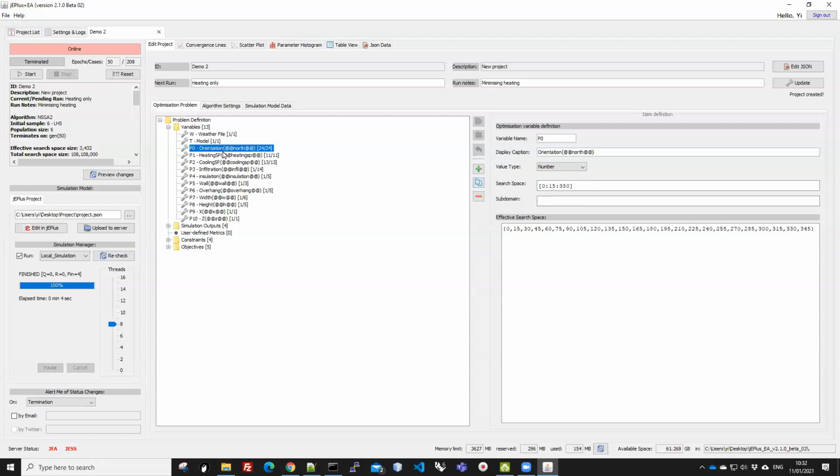The heating set point is varied from 18 to 23 degrees at 0.5 degree steps. And these are the values for the cooling set point, from 24 to 30 degrees at a step of 0.5 degrees. So you get a range of values like that.